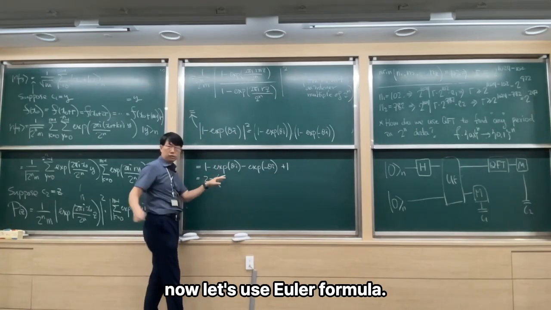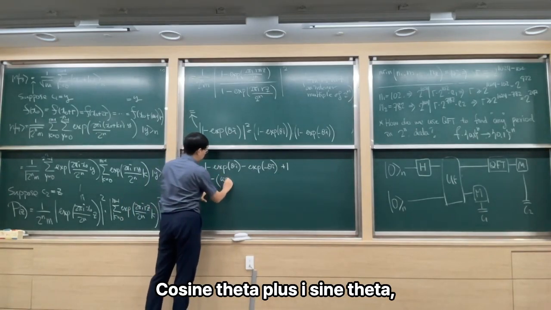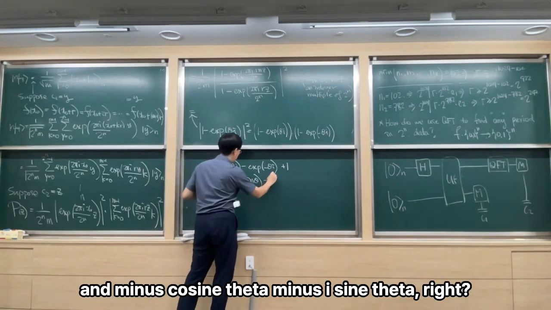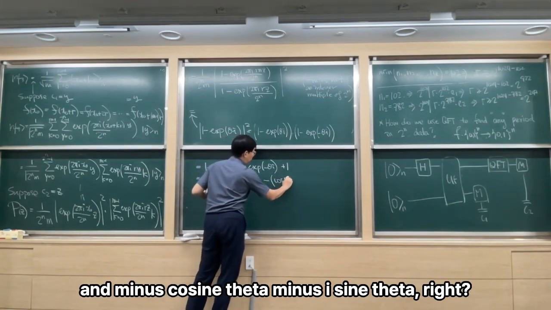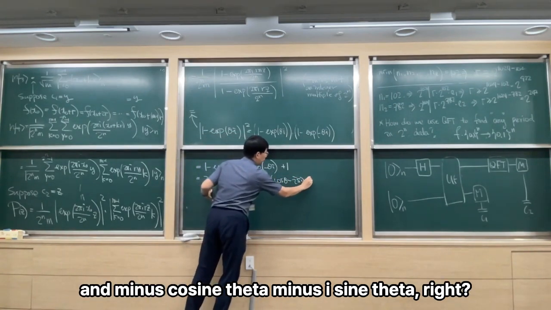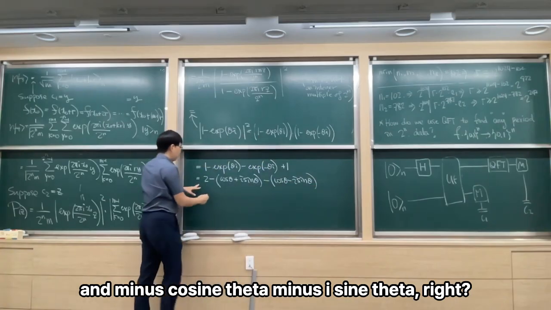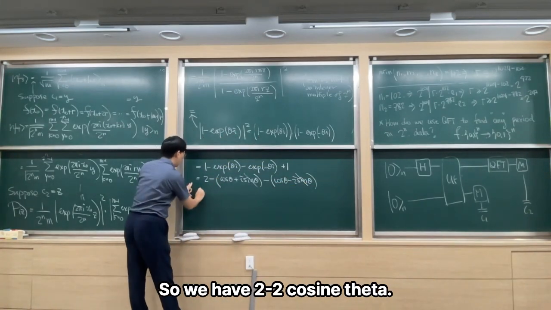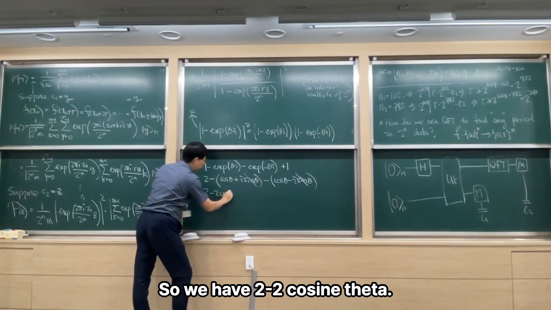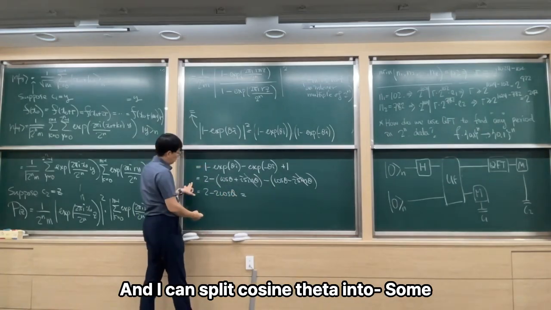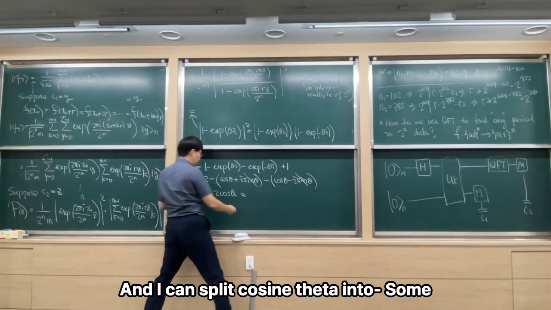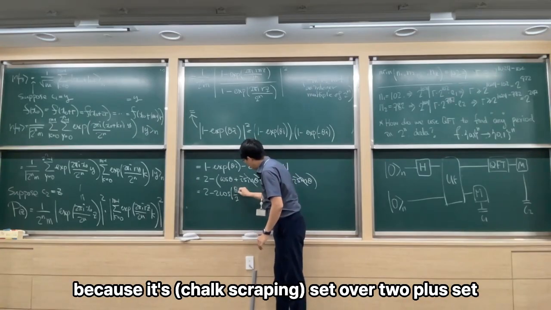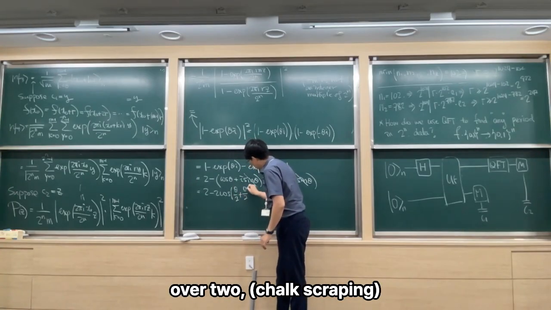Now let's use the Euler formula: cosine theta plus i sine theta, and minus cosine theta minus i sine theta, right? So these two cancel out, and we have 2 minus 2 cosine theta. I can split cosine theta into a sum, theta over 2 plus theta over 2.